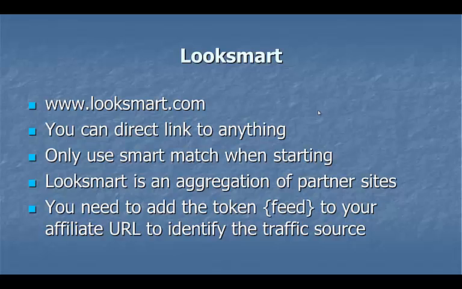You can identify those partner sites by looking at the feed token, passing the feed token through your affiliate URL, either through Prosper 202, your own reporting, or the CPA network's reporting, to identify the traffic source. In my experience with Looksmart, it's not the keywords that generally perform poorly, it's the traffic source. So I wouldn't focus too much on the keyword itself. I would focus more on the traffic source, blocking it to optimize the traffic.